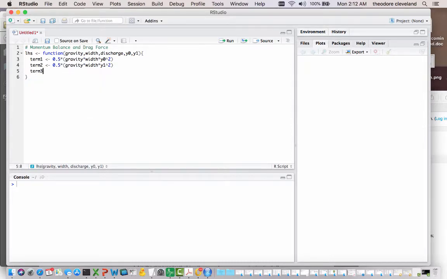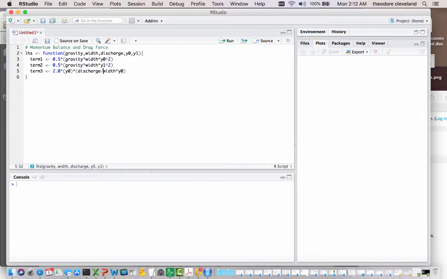Term 3 is equal to, I probably should do it as c sub d, but I didn't. 4 over 2 is 2. Two times y0 times discharge divided by width times y0.